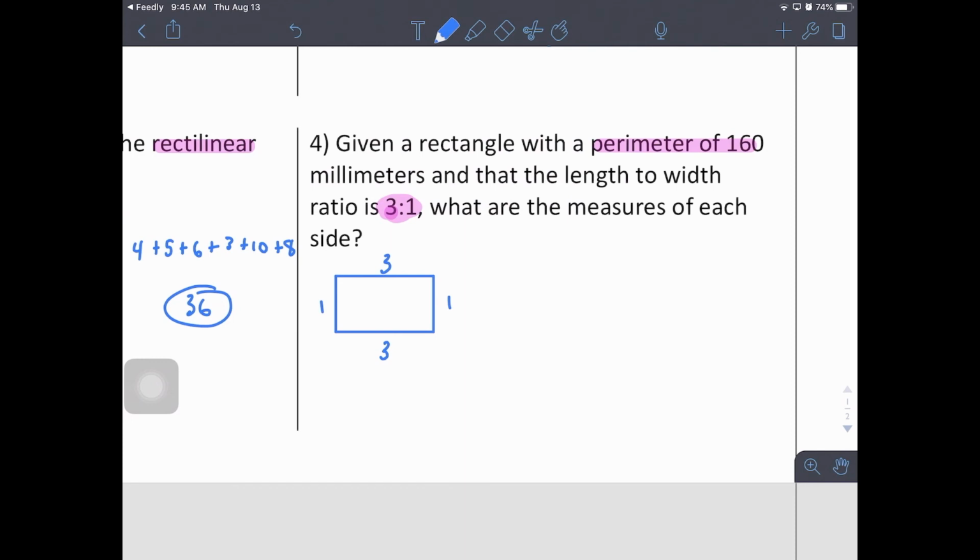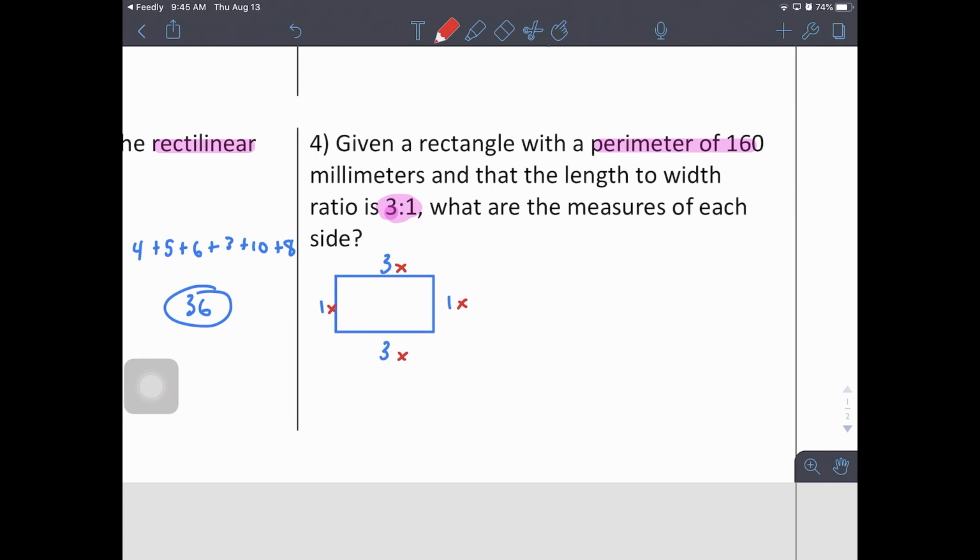I need to find some factor that I can multiply each side by so that I get a perimeter of 160. Now the key to remember is that that factor multiplication has to occur to each side, and it must be the same amount in order to keep the 3 to 1 ratio.